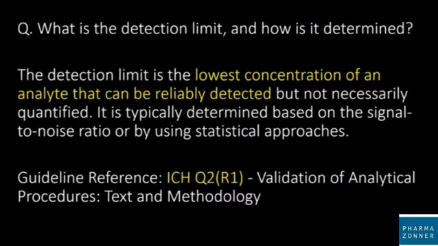What is the detection limit and how is it determined? Answer is the detection limit is the lowest concentration of an analyte that can be reliably detected but not necessarily quantified. It is typically determined based on the signal to noise ratio or by using statistical approaches. Guideline reference ICH Q2.